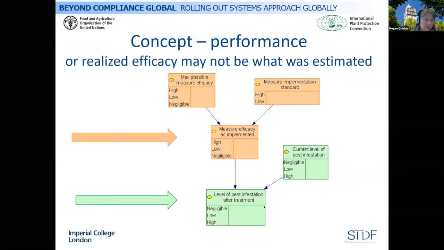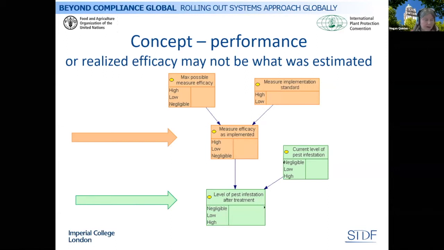And so there's a possible maximum amount of efficacy, like in the lab or on the experimental farm. But in the real world, when you implement it, it may not come up to that level. There could be things that happen. You could be spraying a pesticide and it rains immediately afterwards, and it's simply not as efficacious.